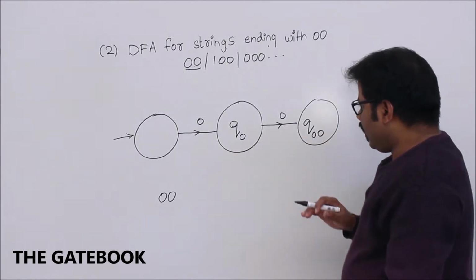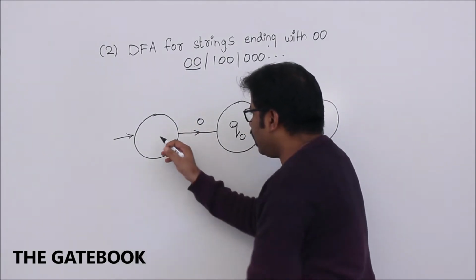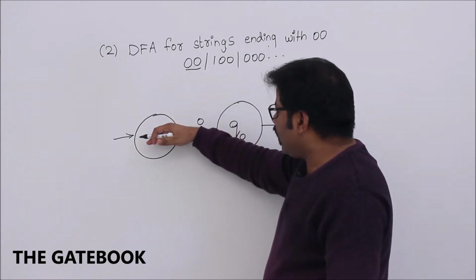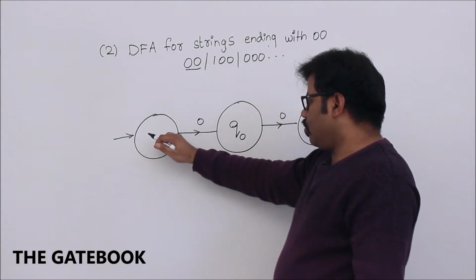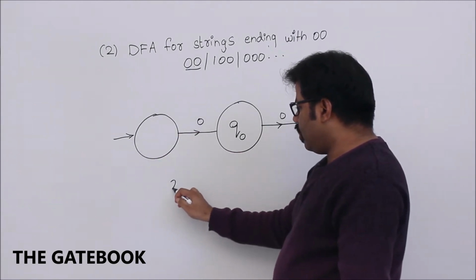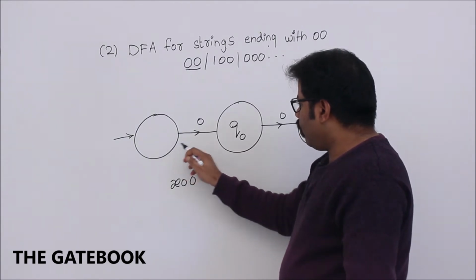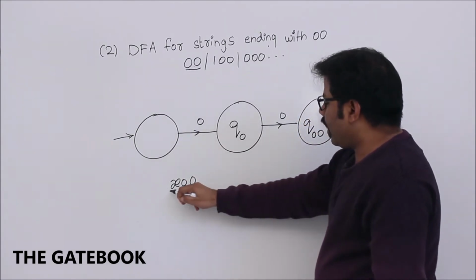Now if you are here, the string should not end with 0. Why? If you are here and your string ends with 0, for example your pattern is x0, then on another 0 you are going to a non-accepting state, but we have to accept the string.